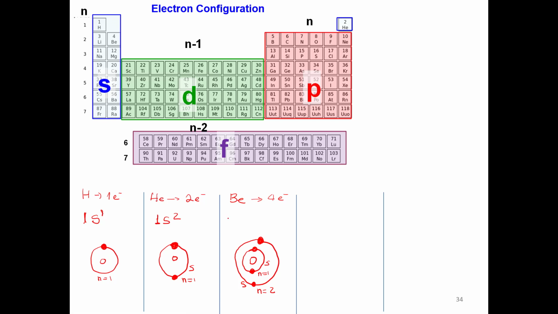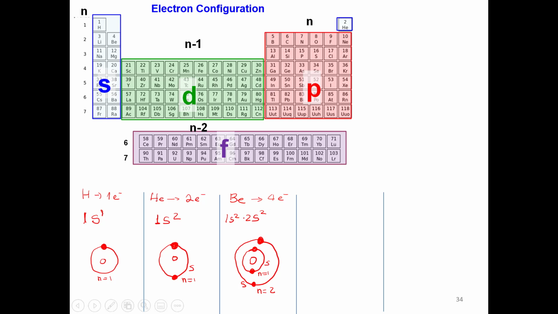Let's write here 1s2. Now move to the next subshell 2, because it's in the second row. Sorry, it's 2s, because it's in the group s, and it's in the second column. Then this must be 2, and 2 plus 2 is 4 electrons.